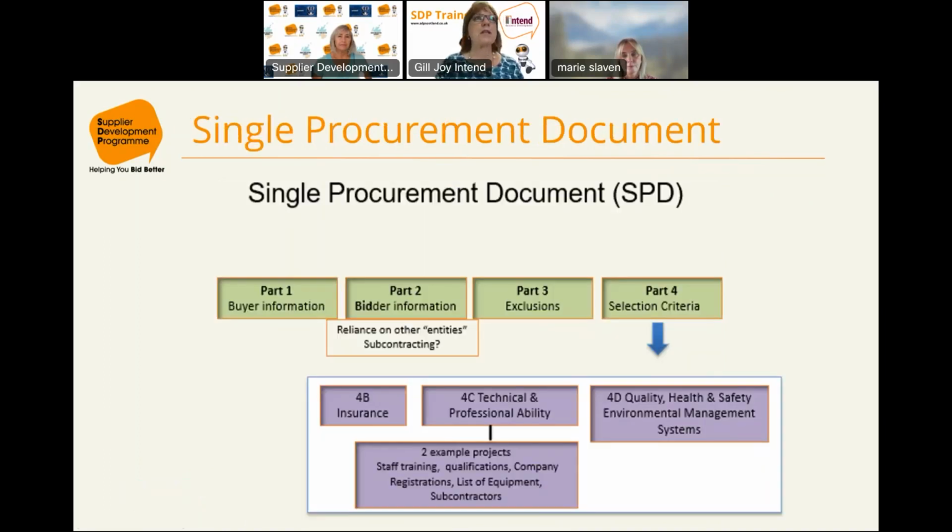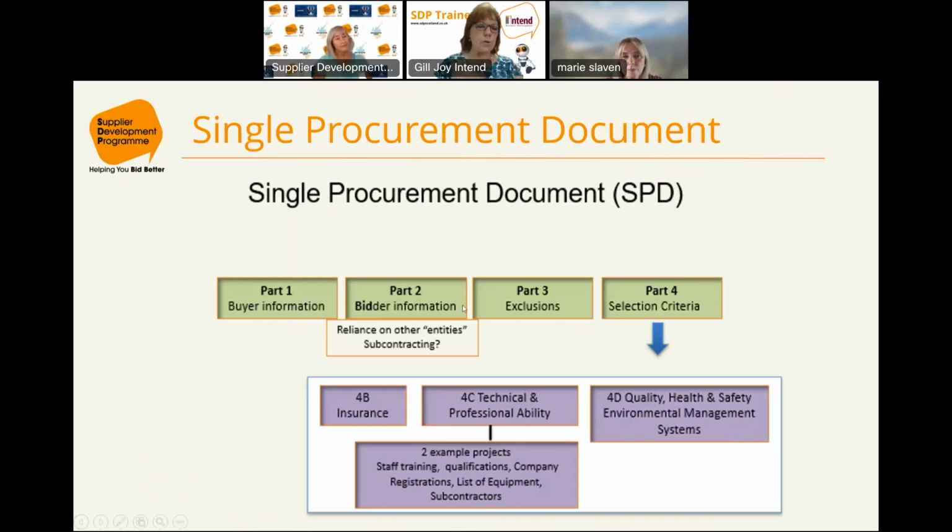In general, just to let you know, you don't need to fill this in all at one go, so you can keep going back in and out and fill it in and just save it as you go along. But the structure is quite important to understand because it can look a bit daunting if you're doing it for the first time. So the first part of the questions when you go online will be about the buyer, so you don't need to fill that in.